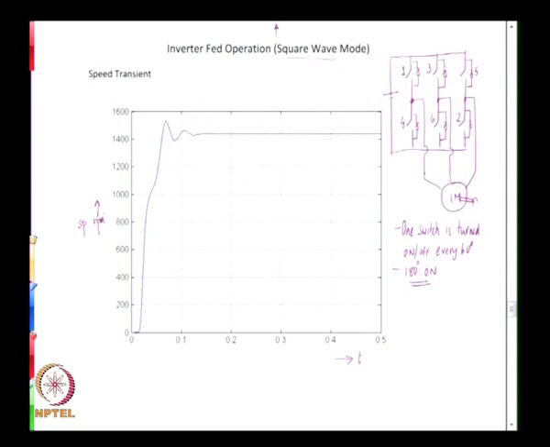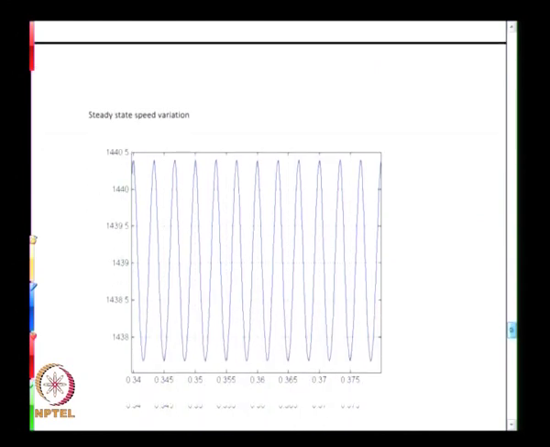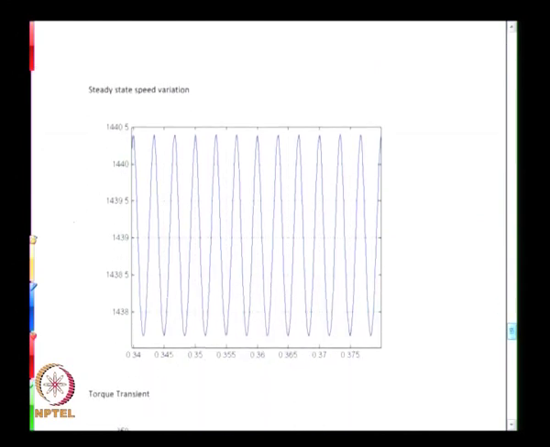So the settling down value is more or less the same as what we have seen with the sinusoidal case. So if it is the same as with the sinusoidal case, what is the difference? So here you see the speed variation. The y axis shows speed in RPM, the x axis shows time in seconds.